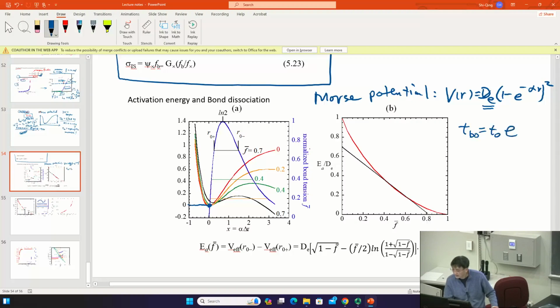And as I said, if you don't have any force, it takes forever to happen. Okay, that's what we knew before. Kauzmann and Eyring suggest that if you have force, the barrier can be lowered.